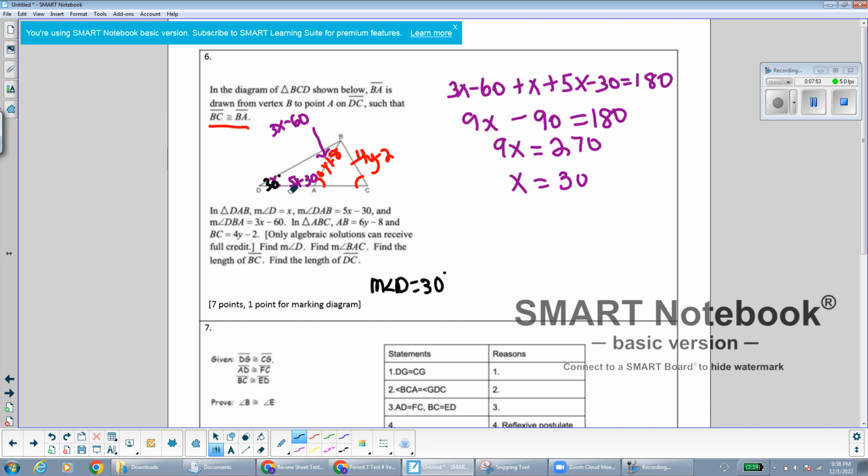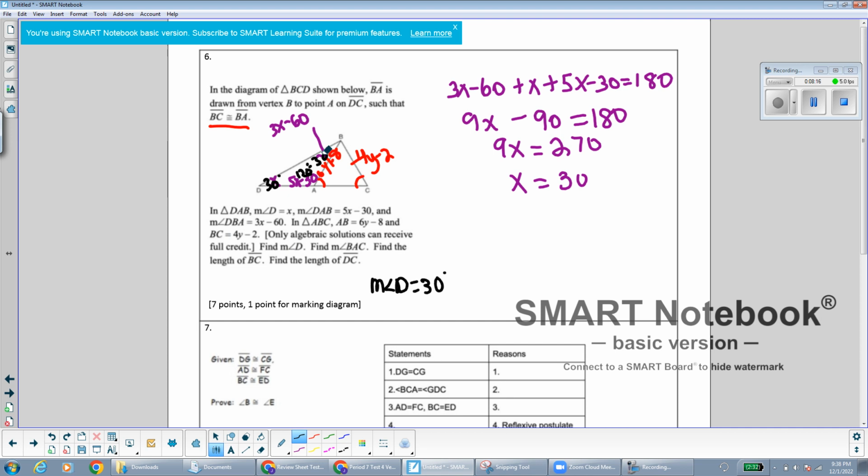So plugging in, 5 times our x value of 30 is 150, minus 30 is 120 degrees. And then you can plug in your x value here. But if this is 30 and this is 120, this has no choice but to be 30 as well. And that's interesting. In this triangle over here, I see two equal angles.